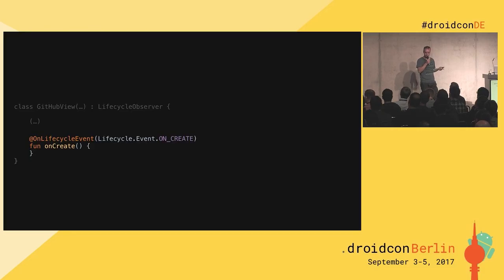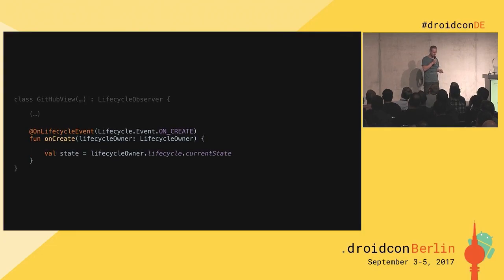And it must not have any parameter. So in fact, there are two options. One is the zero parameter function, and optionally you can have the lifecycle owner as a parameter. So you can access the lifecycle from there again. And we will also need it in this second. But what it's also good for, as I said, there's the distinction between states and transitions into states.